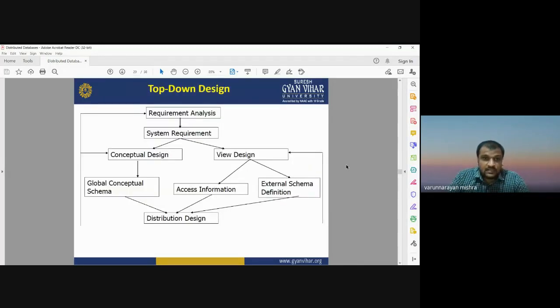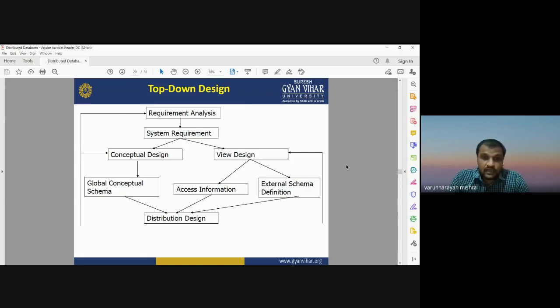So this is the design of the top down design approach. In the top down approach, first the requirement analysis is done, then the system requirement will be performed. After the system requirement, we may have two kinds of designing, conceptual designing or view designing. When we go for conceptual designing, we need to use the global conceptual schema, that is GCS.